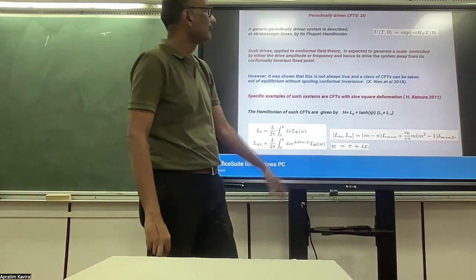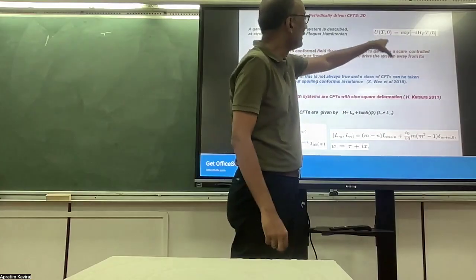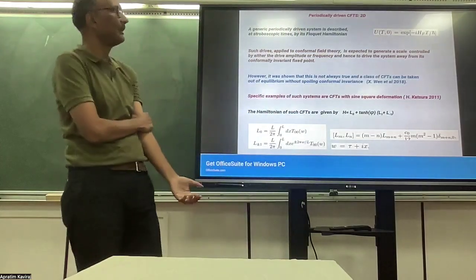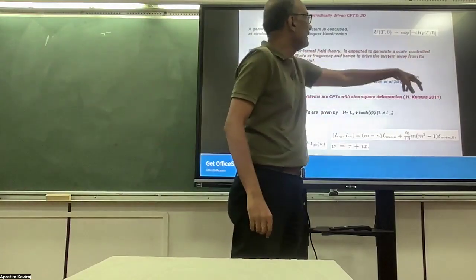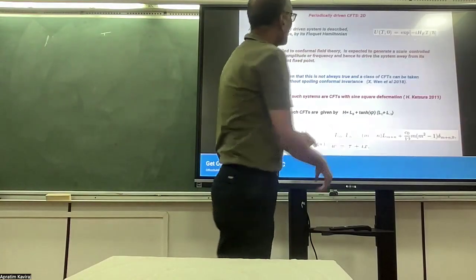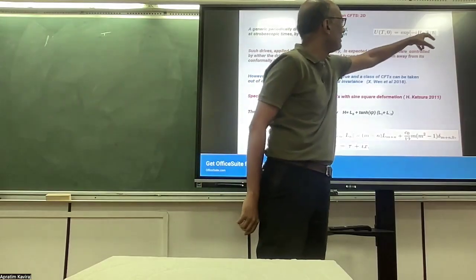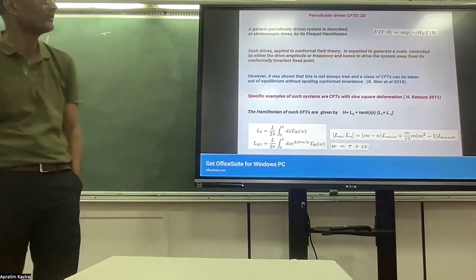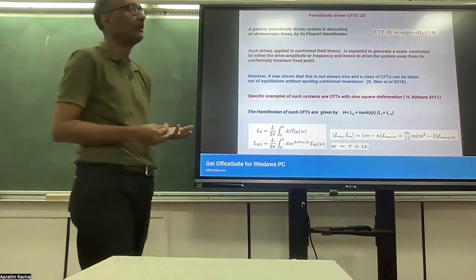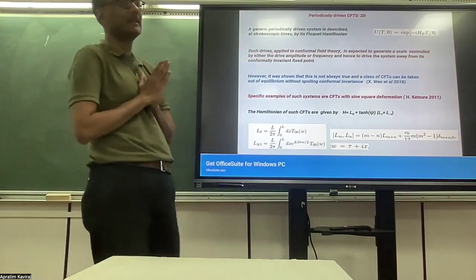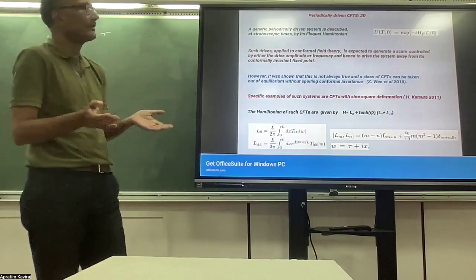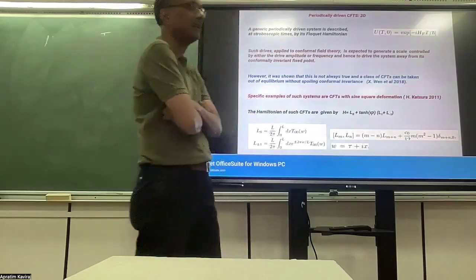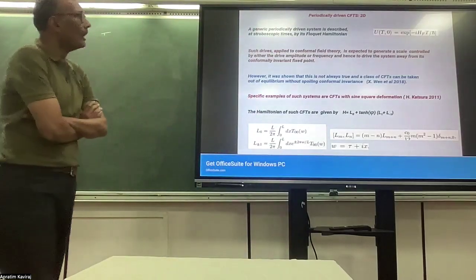The reason is that because of this periodicity, the evolution operator at the end of any integer number of drive cycles, n times T, is simply given by e to the power minus i times the Floquet Hamiltonian times nT divided by h-bar. So that's a generic thing. Once you know the Floquet Hamiltonian, you know all the properties of the system, modulo the initial state, of course, because you know the evolution.